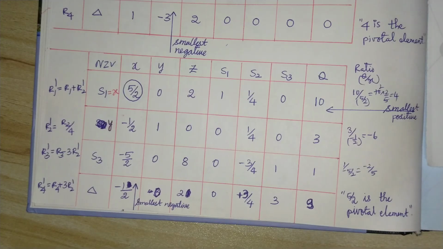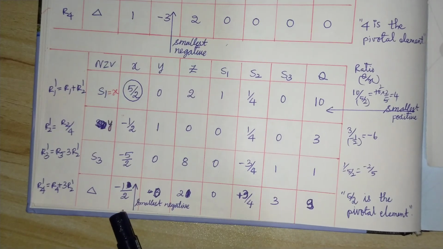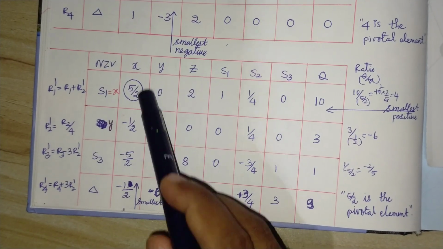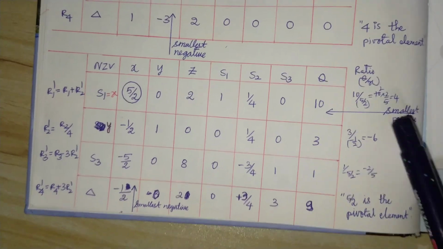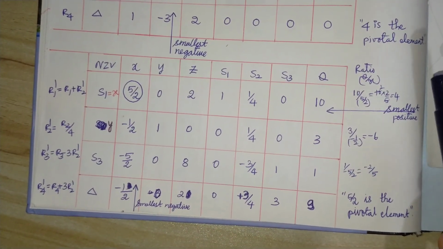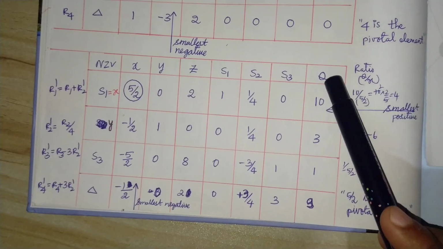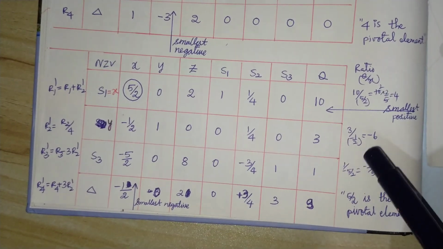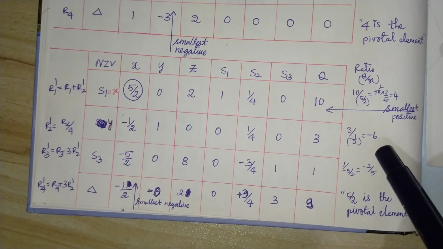Fine. Now again we have to identify the smallest negative number in the delta row. We have minus 1 by 2, so this is the smallest negative number. This is your pivotal column, and look at the pivotal row. Let us calculate the ratio of quantity by pivotal column element. 10 by 5 by 2 is 4, and 3 by minus 1 by 2 is minus 6.